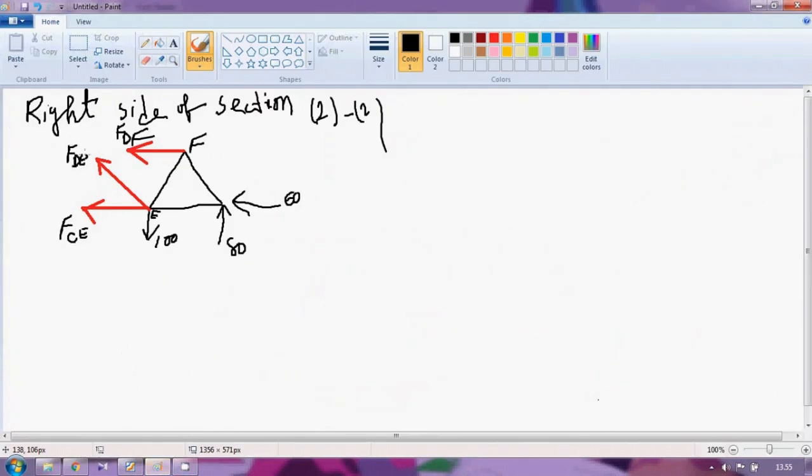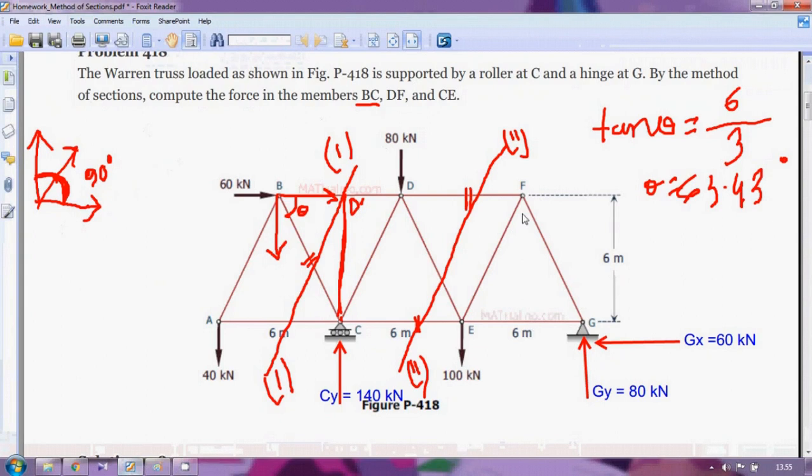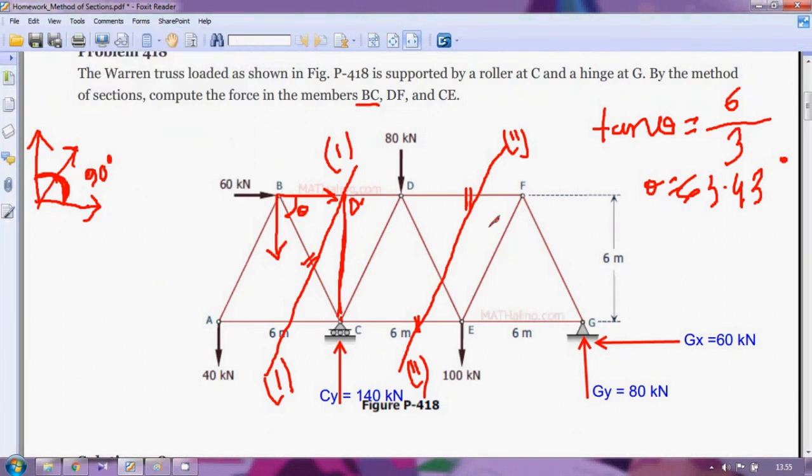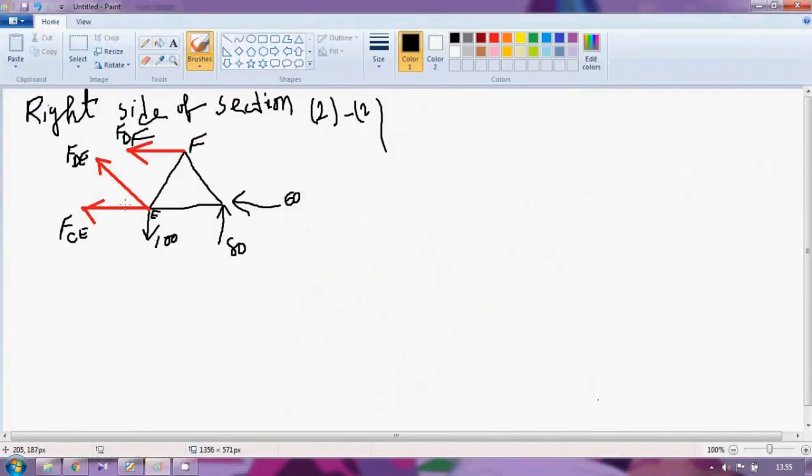So what about the angle? There is an inclined force. If we look, this angle theta we have to determine. So we will take this triangle, and a similar angle will come. Tan theta equals perpendicular 6 divided by base. Base is 3. So 63.43. So where is this angle?